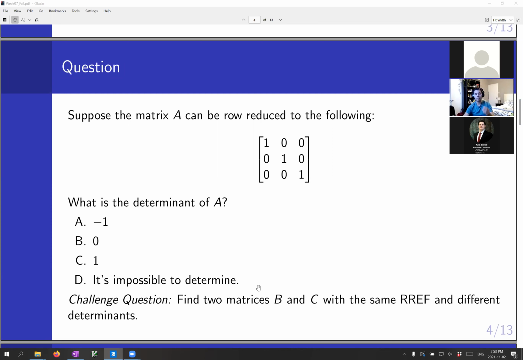But here's the problem. When you apply the row operations, you change the determinant, right? However, they change it in a very precise way. For example, if you swap two rows, your determinant picks up a -1. If you add a multiple of one row to another, the determinant doesn't change.